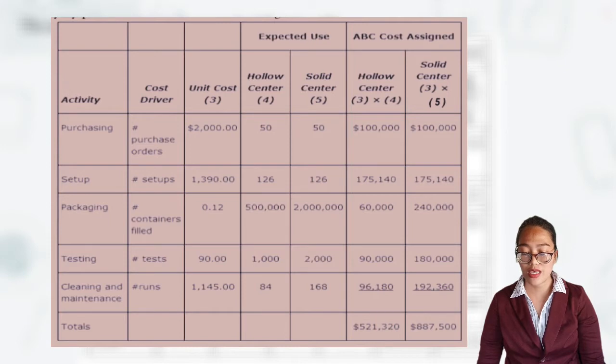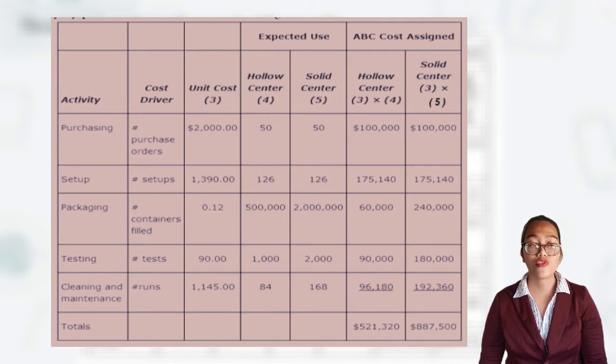While in cleaning and maintenance, the unit cost is $1,145 multiplied by 84 and we got $96,180. So if you compute all the totals in the hollow center balls column, we got $521,320 as its cost assigned.